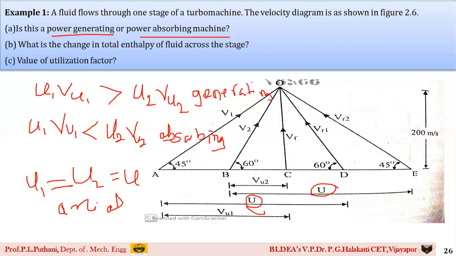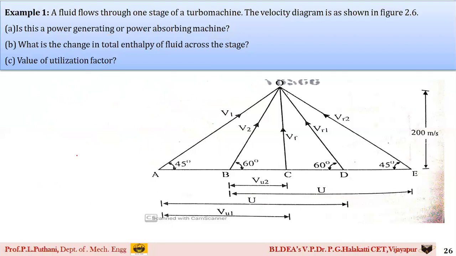So if you find the product of u with VU1 and VU2, and compare whether it is greater or smaller, you can judge whether it is a power absorbing machine or a power generating machine. Now, the procedure for this problem.